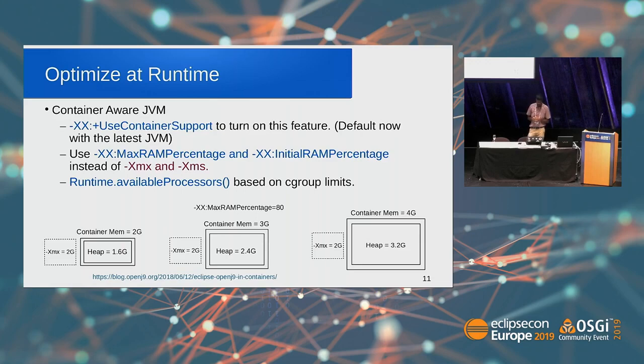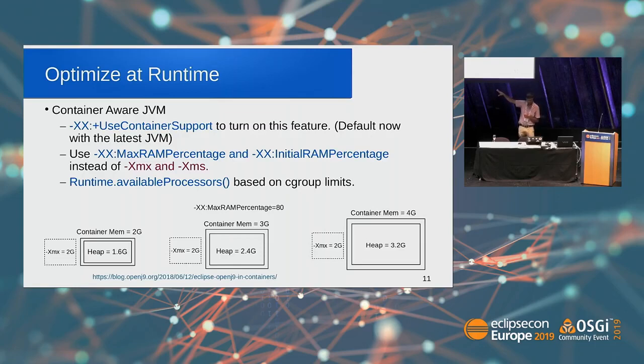So let's say, for example, these are the 3 examples there. In the first case, we have the container memory limit set to 2 GB. In the second case, we have the limit set to 3, and in the third case, we have the limit set to 4 GB.